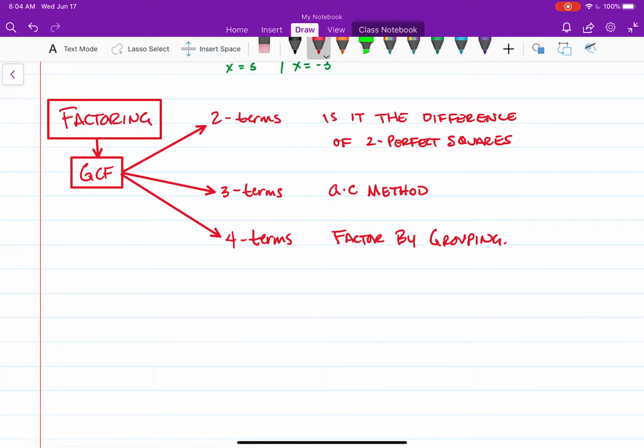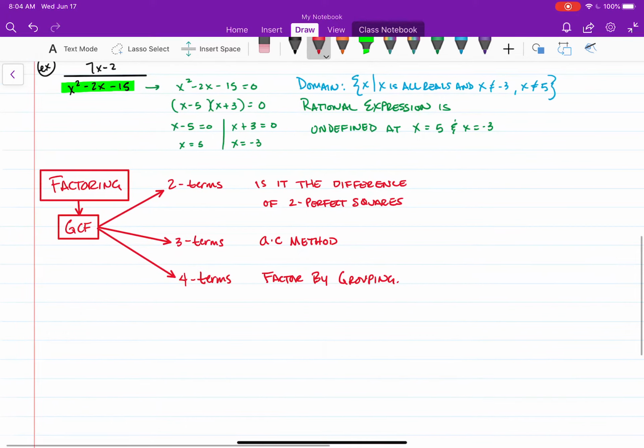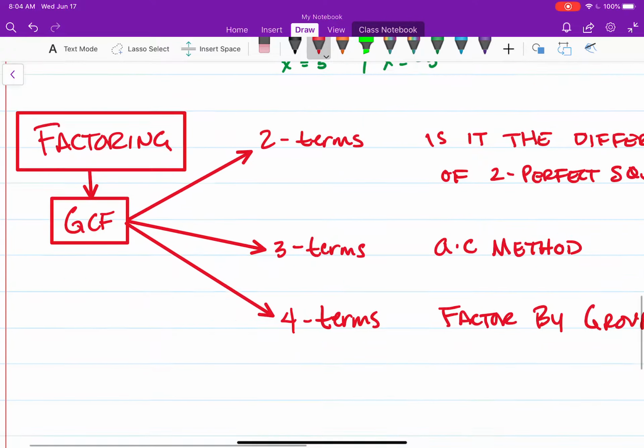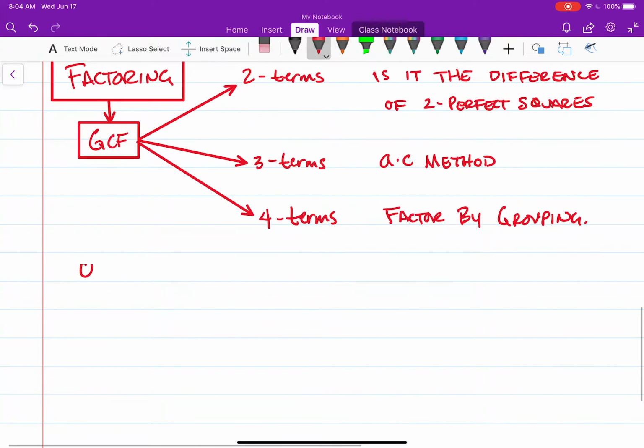That's just a reminder, so you may have to go back to the notes on factoring to review this. And most likely you're going to end up setting things equal to 0. That would be the quadratic equations, where we had the standard form: ax squared plus bx plus c equal to 0.